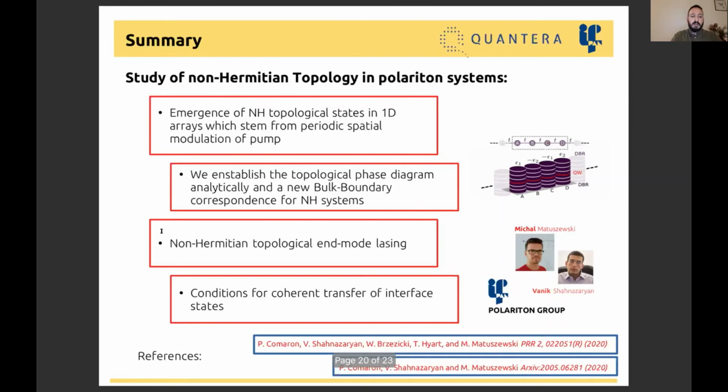And finally, we demonstrated the possibility to have non-Hermitian topological end-mode lasing, and what are the conditions for maximizing the coherence if we want to transfer one domain wall from one unit cell to the other one. And with this, two references, if you are more interested in this work. Thank you very much.